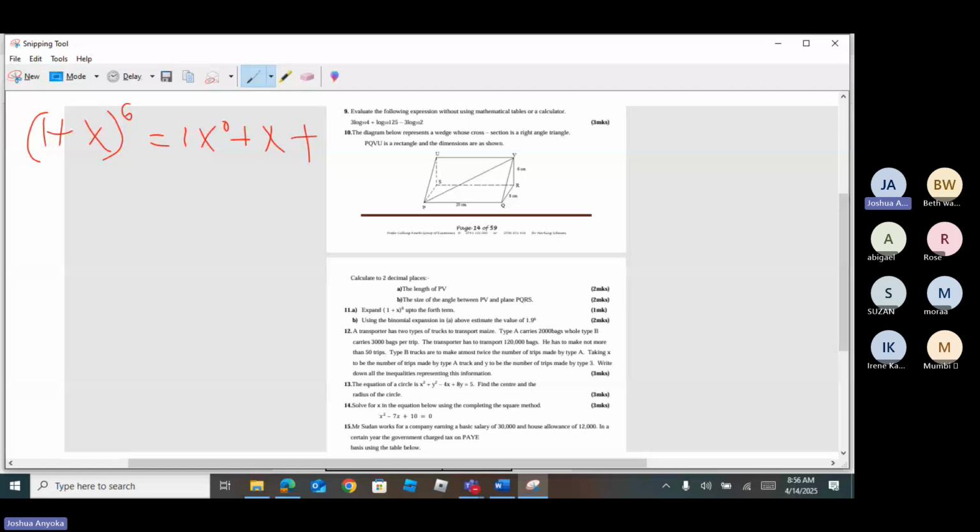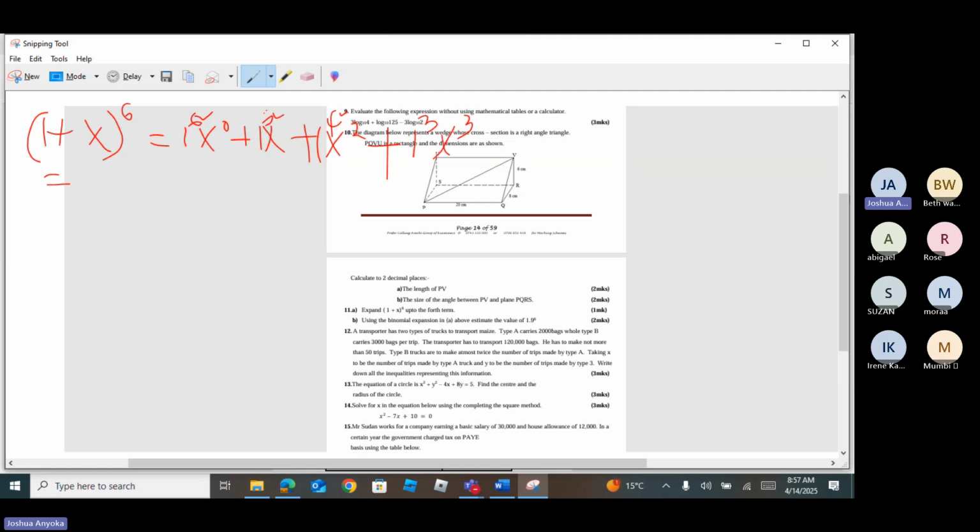Then x to power 2. Plus, we are told up to the 4th term. 1, 2, 3. 4th term is 1 to power 3, x to power 3. Here there is 1 to power 4 and here there is 1 to power 5. Here there is 1 to power 6. So when the term is 1, we don't struggle so much.